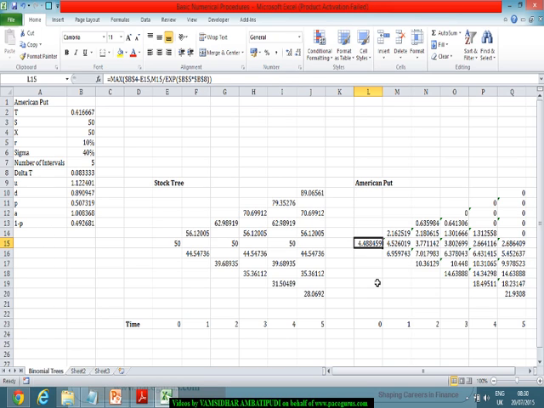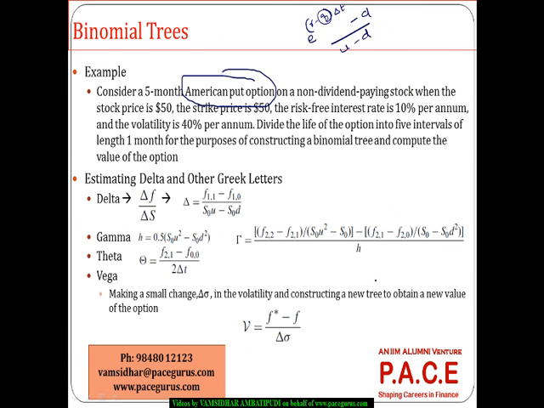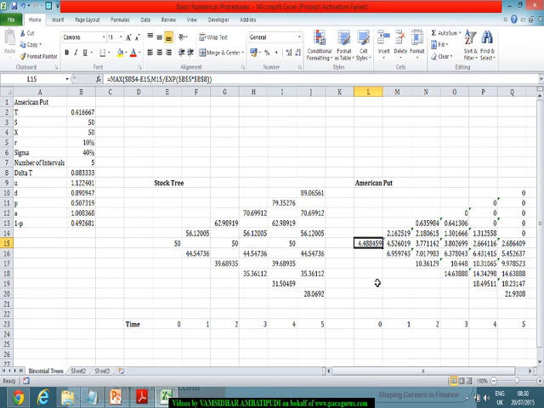That is what is executed backwards till the last, which is what results in the price of the put option. So using this binomial tree model, this is the price associated with the American put option, right?